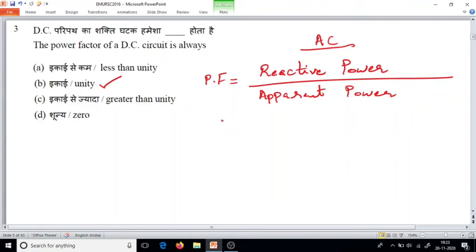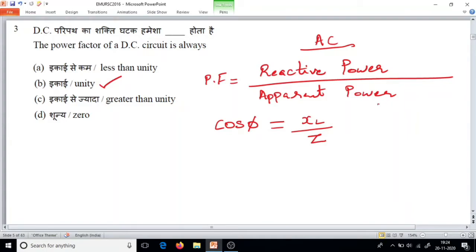So that is equal to cos phi, which equals XL divided by impedance. So this is the reactive power divided by the sum of active power and reactive power, that is the apparent power. So this is for AC circuits.